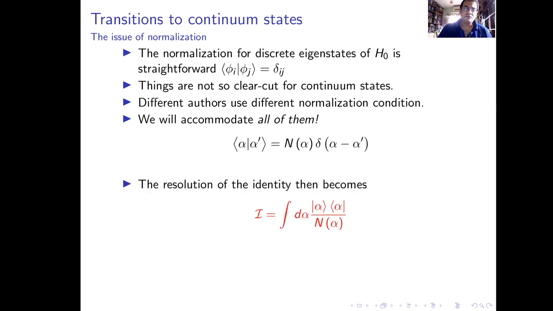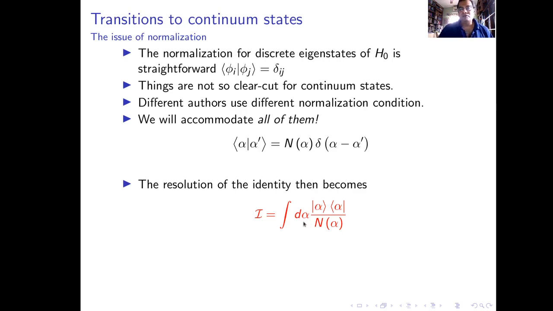Once you do this, the resolution of the identity is no longer a sum over all the states, alpha i ket alpha i bra. It becomes an integral, of course, and the integral is over d alpha by n alpha. That's the measure. So instead of just using the projector ket alpha bra alpha, you have to use ket alpha bra alpha divided by this normalization factor n alpha.